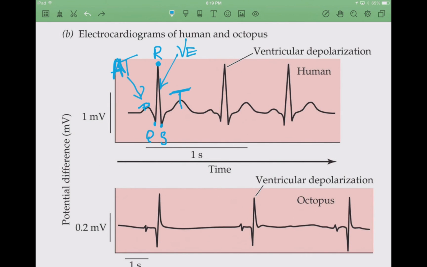A way of thinking about a heartbeat is that it goes from about here to here, and if you're in good shape, you have about 1 heartbeat per second. A lot of people have 2 per second, which is kind of what they're showing down here.